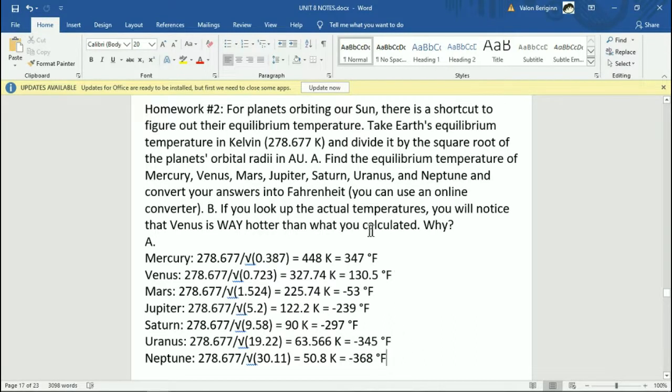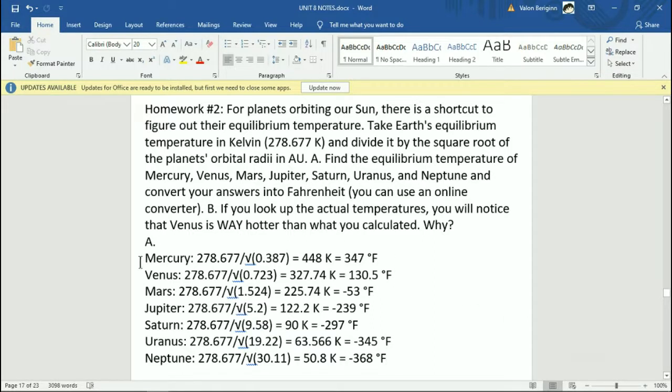So you can see how it drops off very quickly, but then it sort of plateaus out. And as you might imagine, if the distance was infinity, then the answer would be 0 Kelvin, right? So whatever that is in Fahrenheit. But as you get larger and larger out, the difference gets less and less.